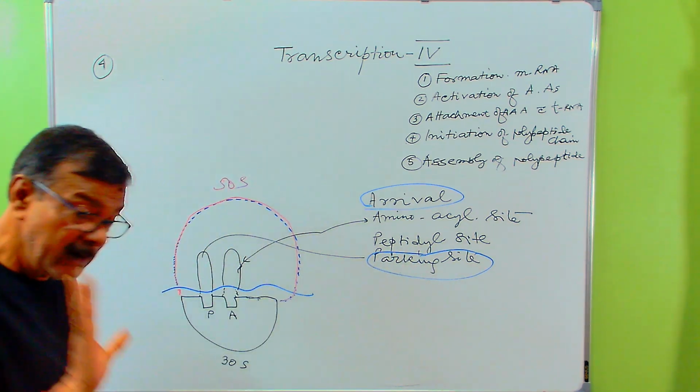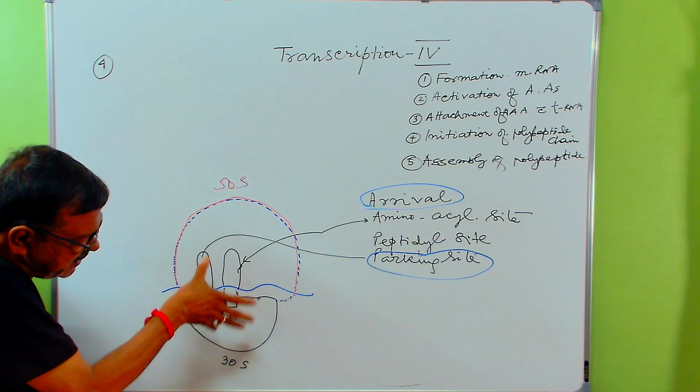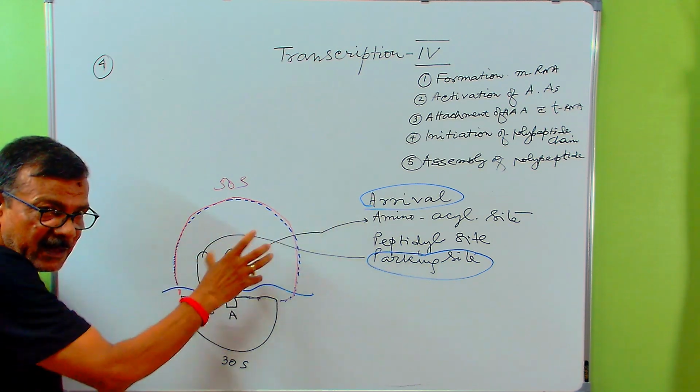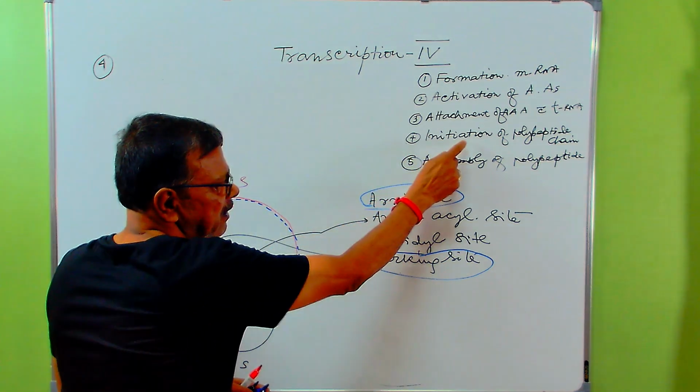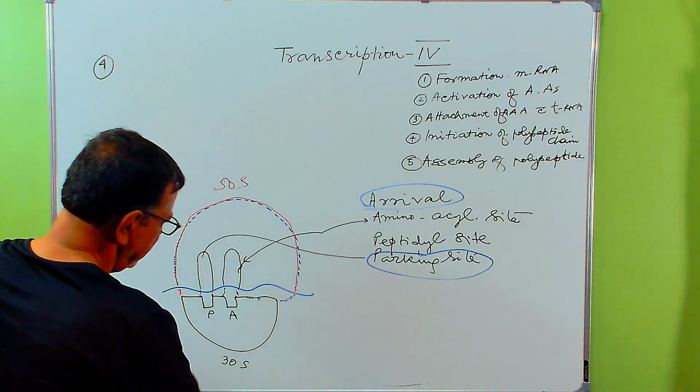Clear? Now what happens? This is the ribosome, amino acids are coming here. This is initiation of the polypeptide chain we are going through. What happens?